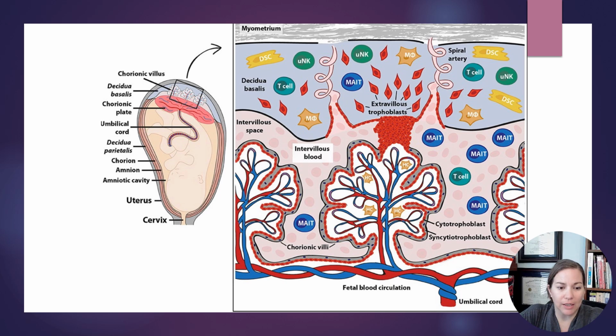And you can see, if you follow, starting at the bottom, you follow the umbilical cord, you can see the arteries and veins, and it goes all the way up into these little kind of tree-looking pods where there's that single cell layer that separates the maternal and fetal circulation.